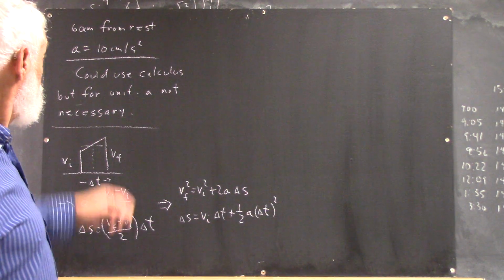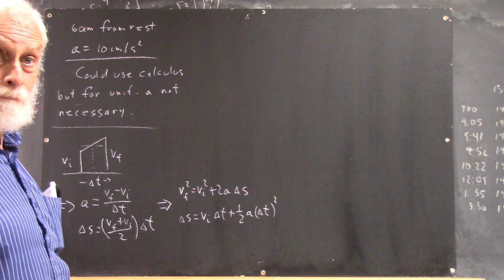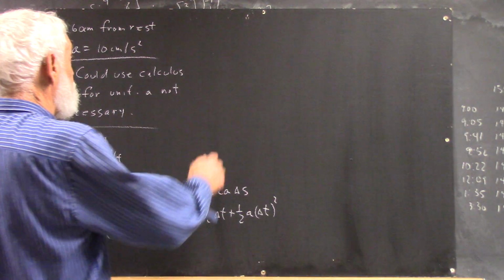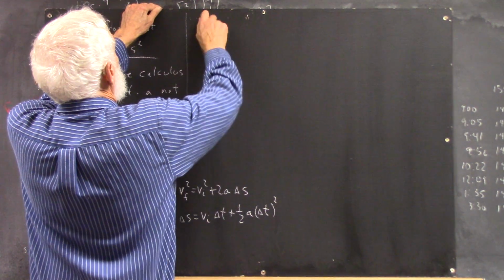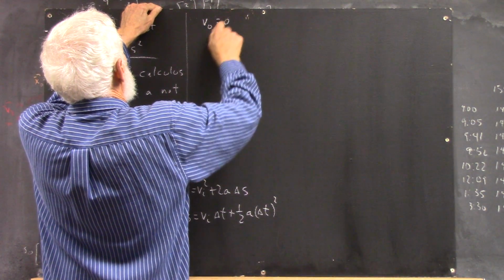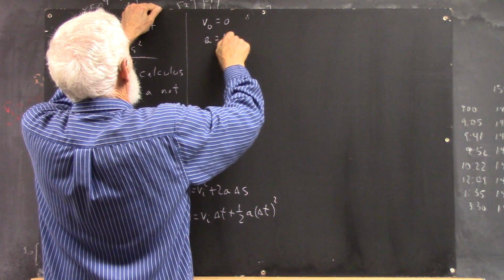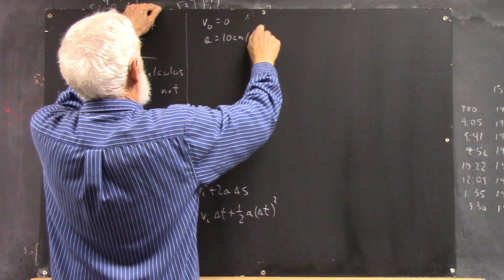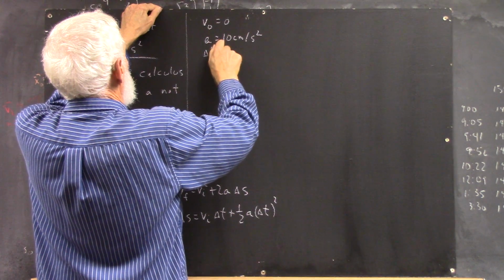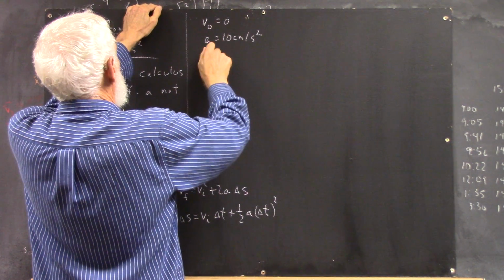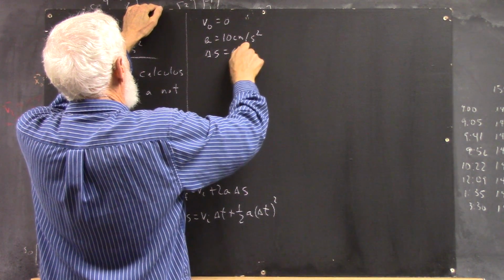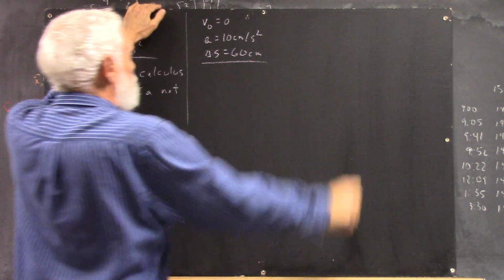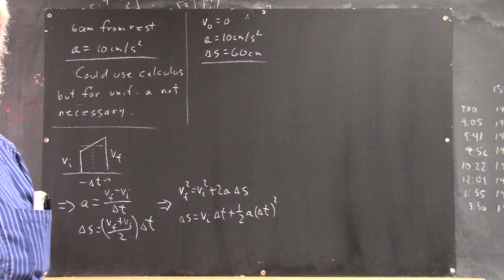And we can use those four equations to solve this problem now. Okay, so now our problem translates to V naught equals 0, a equals 10 centimeters per second squared, delta t we don't know, delta S is 60 centimeters, right?